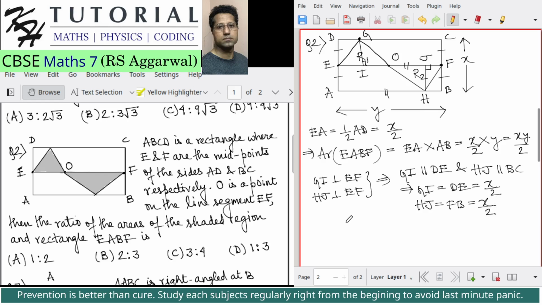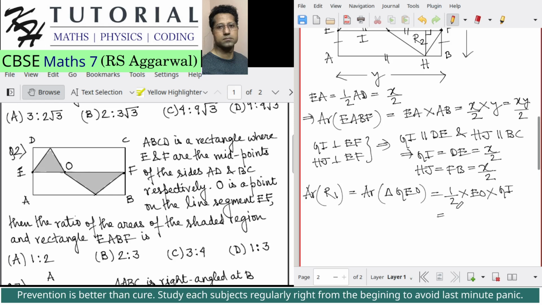Okay. Now let's see what is the area of R1. The region R1 is nothing but the triangle GEO. Area of the triangle GEO will be half the base, that is EO, multiplied by the height, that is GI.